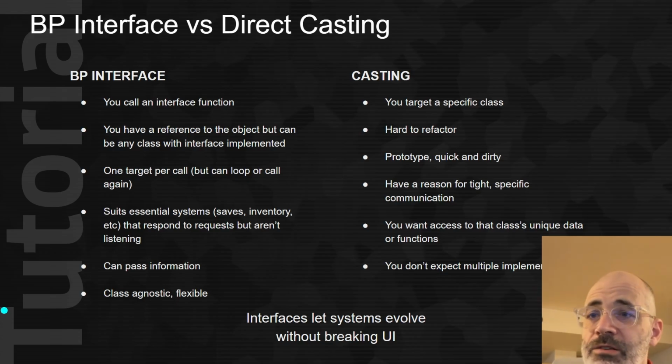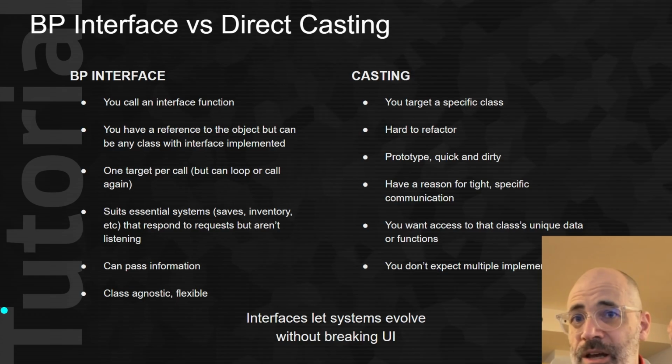With casting, that also lets us access some unique data about the actor that we have accessed, which you couldn't do with the interface, because the interface is a one-way communication. But with casting, we're actually finding that thing and allowing ourselves to give it instruction or get information about it.